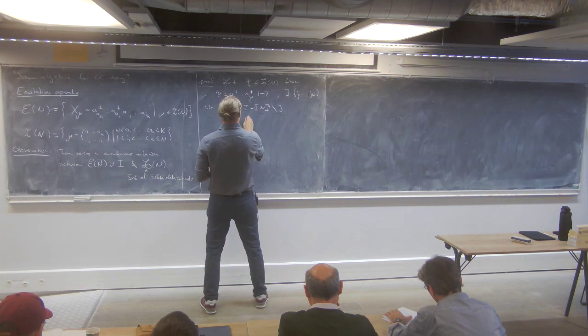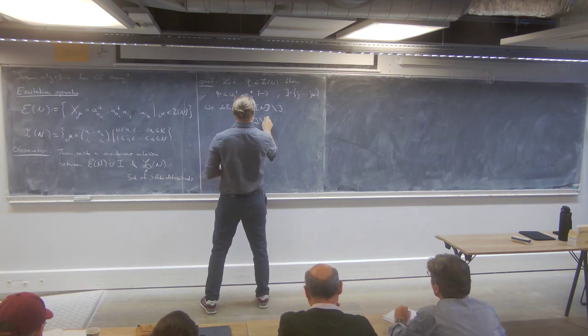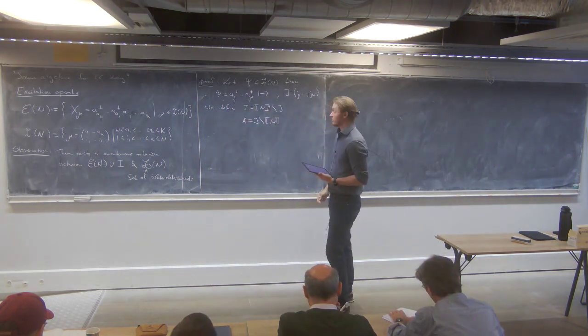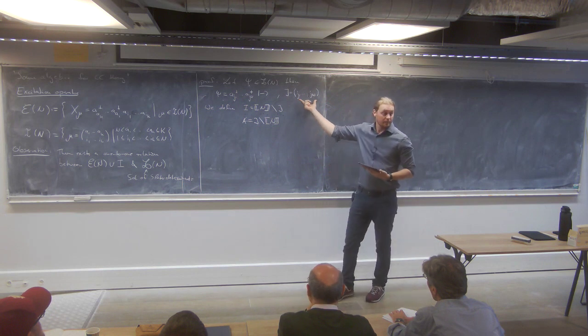And then I compute A as J without N. So this will give me the virtuals that live in this index string. Okay.